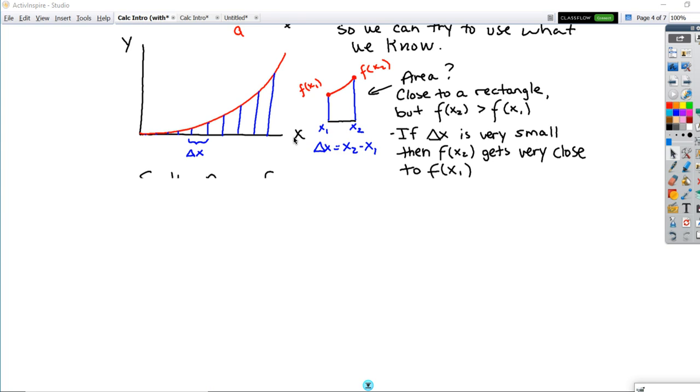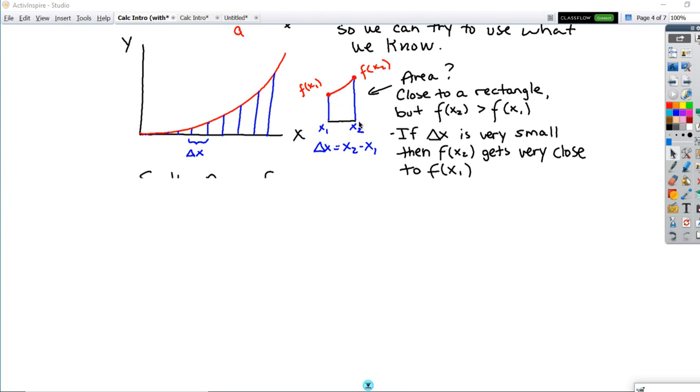So one thing that you can try to do is section off pieces, slices underneath of this curve. And for simplicity, we'll make the base of each of these slices the same.